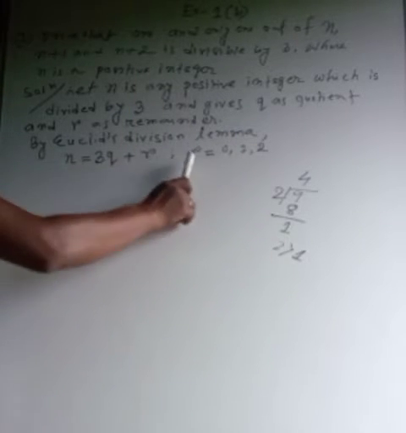That's why we have considered 0, 1, 2 as the remainder.